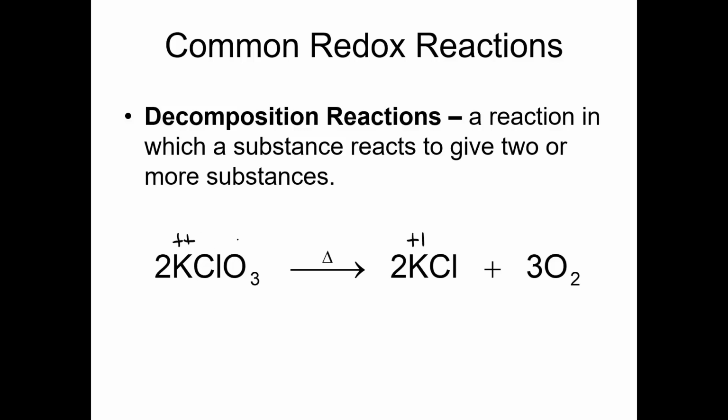The oxygen in chlorate is going to be -2, and the oxygen in O2 is going to be 0. So we can identify one of them here. So again, that is the oxidation, right? Each oxygen here loses 2 electrons.